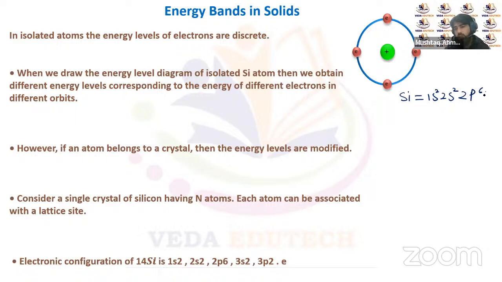Then we'll be left with 1s2, 2s2, 2p6, and then it will have 3s2.